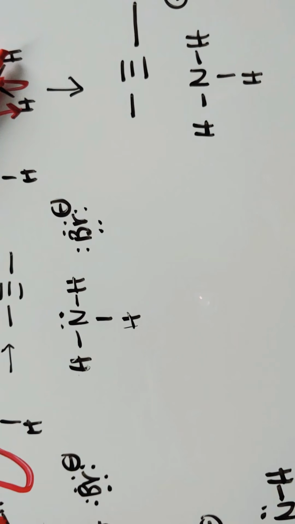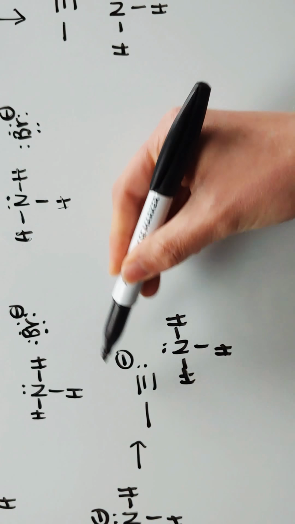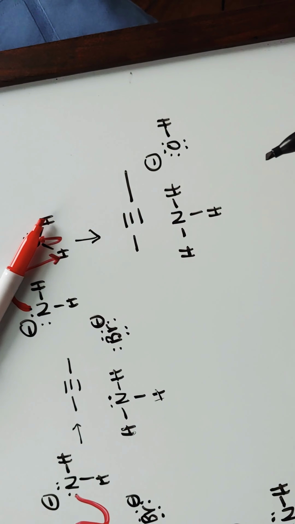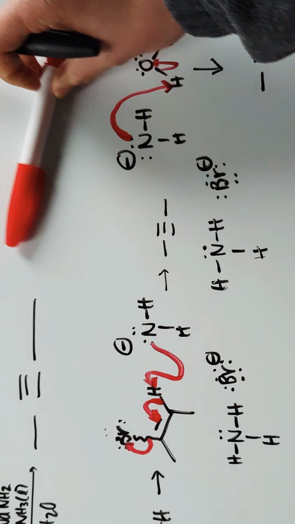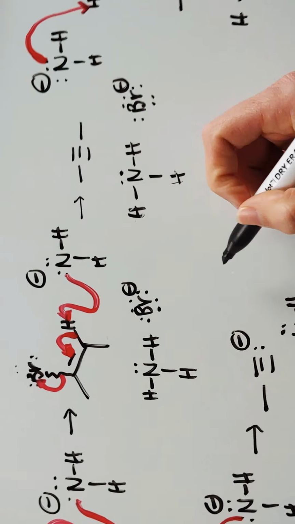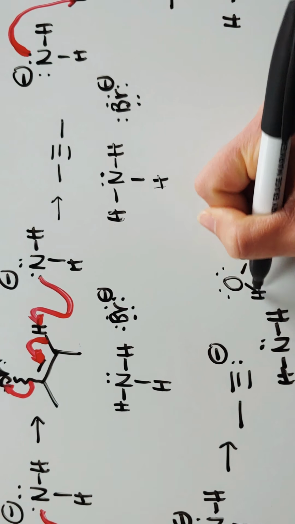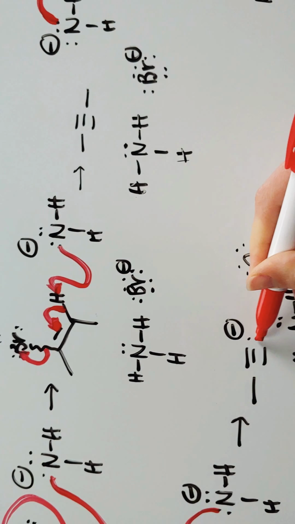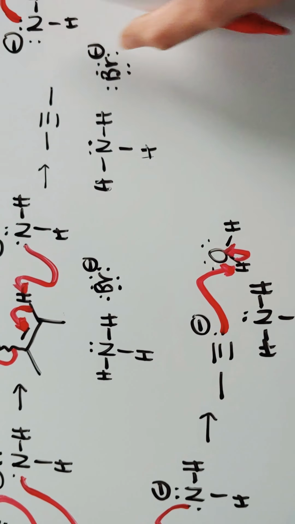How are we going to take care of this negative charge? Well, we're going to take care of it the same way that we did up here, where we used water. We're also going to use water once again, and we're going to take the hydrogen off of there.